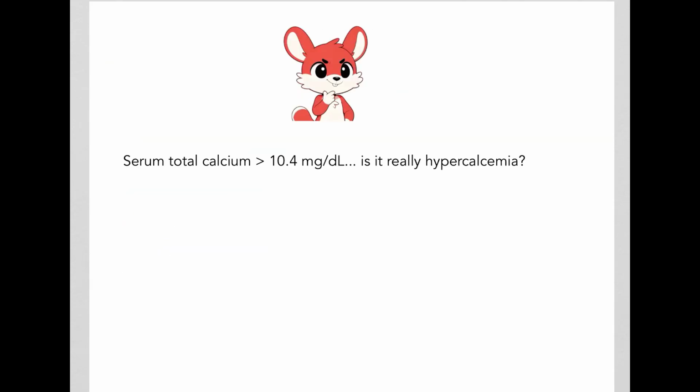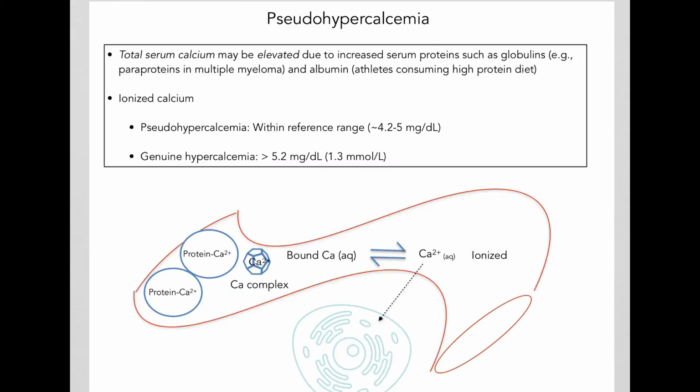So when one sees a serum total calcium greater than 10.4 milligrams per deciliter, the first question one needs to ask is: is it really hypercalcemia? This is because there is a condition called pseudohypercalcemia. In this case, the total serum calcium is elevated, but that's due to increased serum proteins.